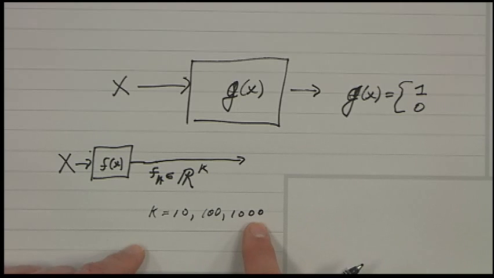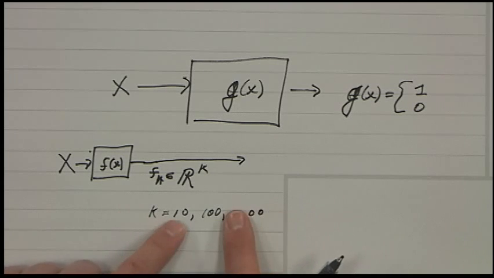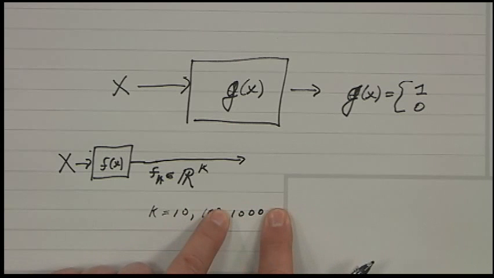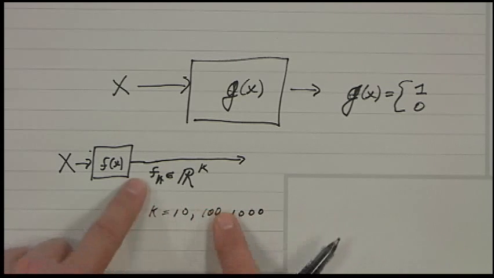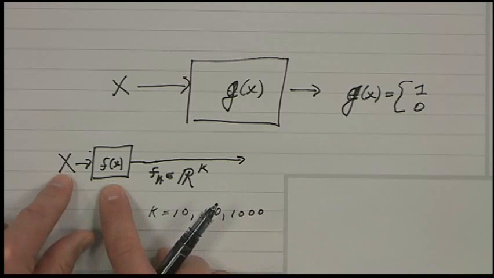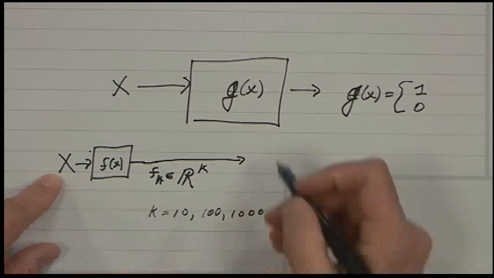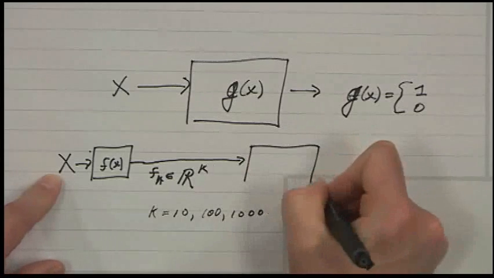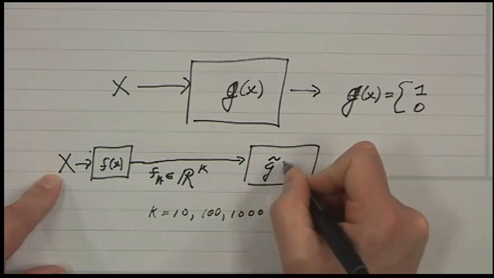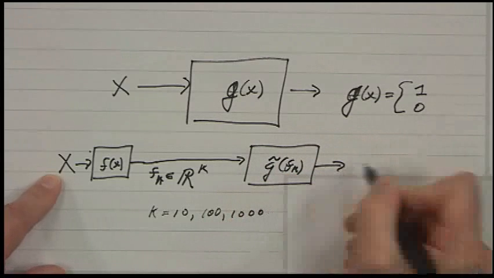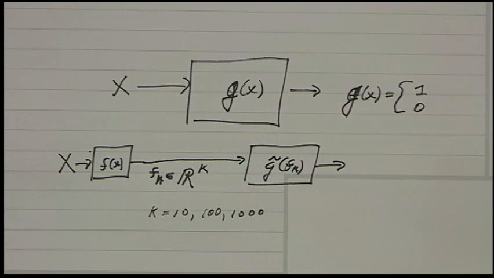Dealing with a dimension of 100 or 1,000, but hopefully 10, is a lot easier than dealing with X, which lives in a space of dimension 10 to the 12. Then you put f_k into g hat and use that to produce the decision. So you summarize this high-dimensional object with a much lower-dimensional feature vector.